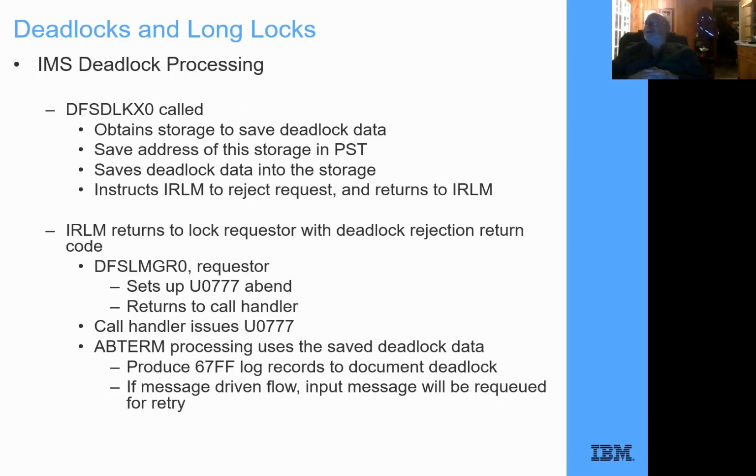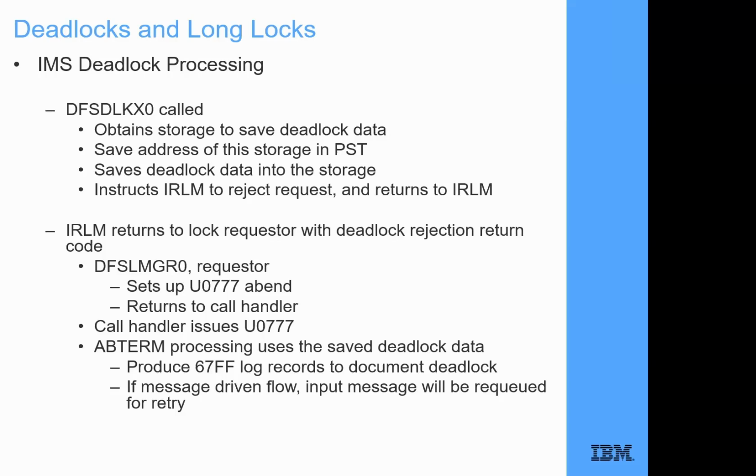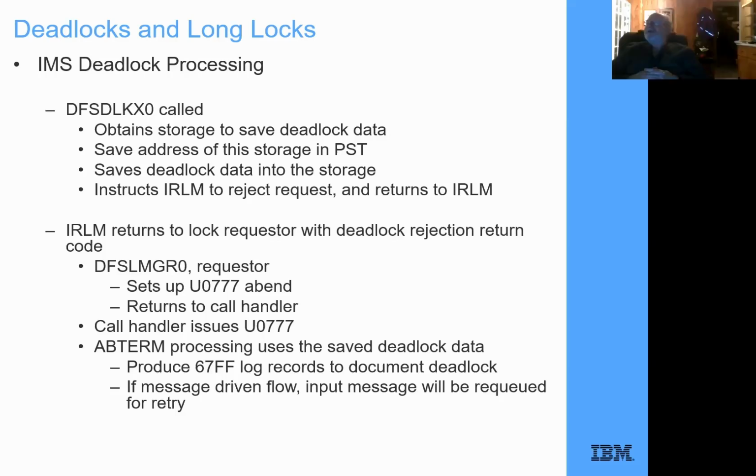IRLM returns to the lock requester with a deadlock rejection return code. Inside the IMS code that actually made the lock request, the lock manager, DFSLMGR0, sets up a U0777 abend in the PST and returns to the DL/I call handler. The call handler issues the 777 abend back on the other side of the PC instruction, back in the application code.